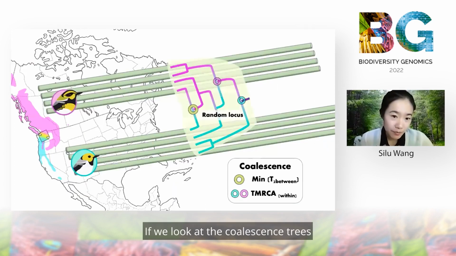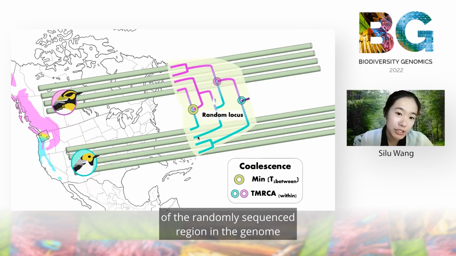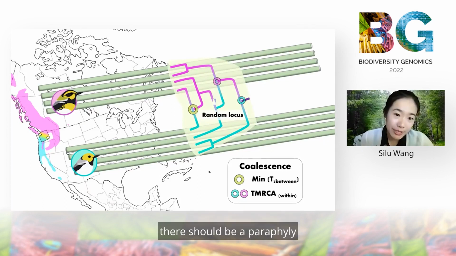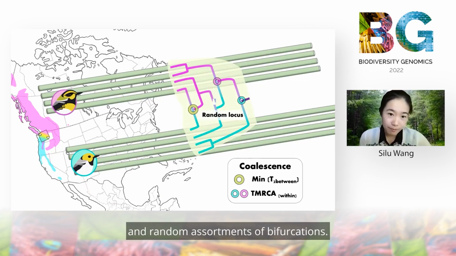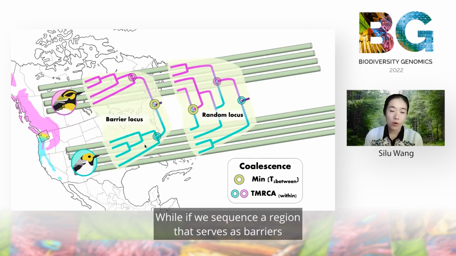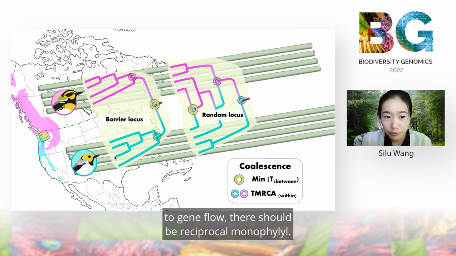If we look at the coalescence trees of a randomly sequenced region in the genome, there should be paraphyly and random assortments of bifurcations. While if we sequence a region that serves as a barrier to gene flow, there should be reciprocal monophyly.